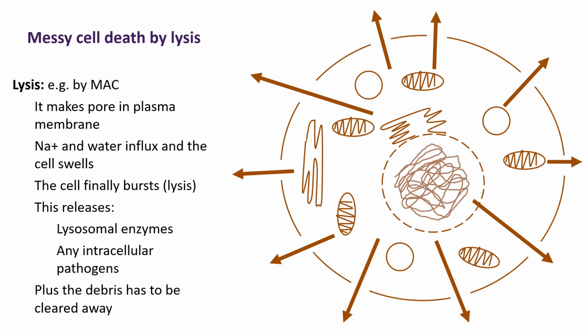So those pathogens, for example, a virus, can go on and infect another cell. Also, it leaves us with a mess. It leaves us with a lot of necrotic tissue, a lot of broken proteins, broken cell, a lot of mess and debris. And that mess and debris then has to be cleared away by macrophages or dendritic cells before we can resolve that area of inflammation.